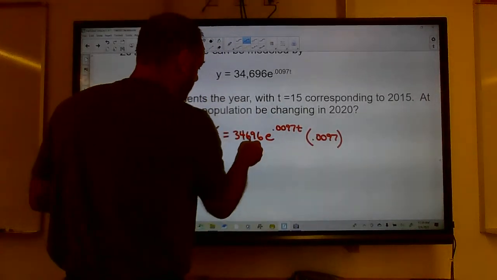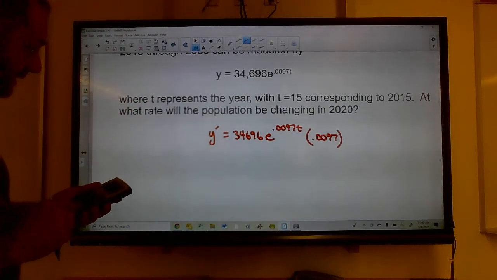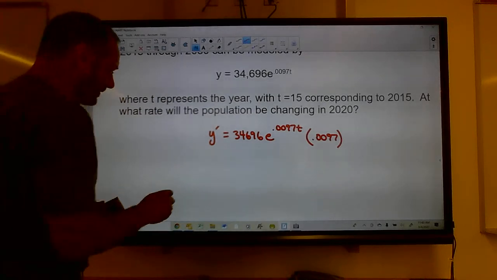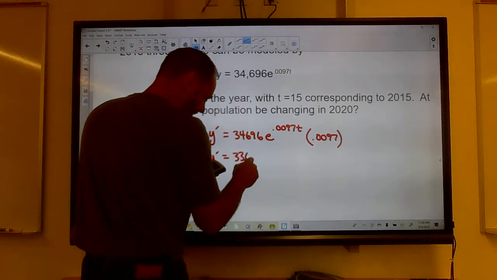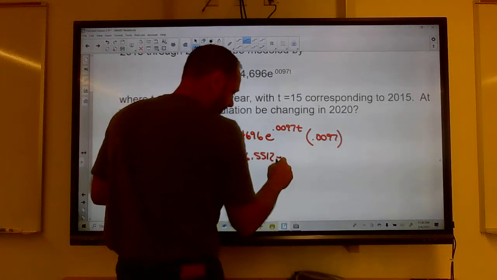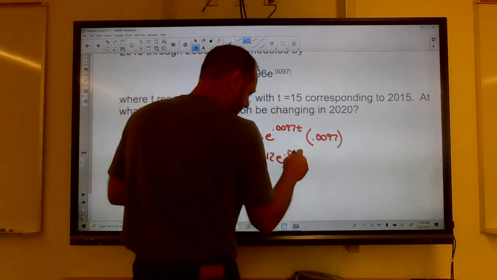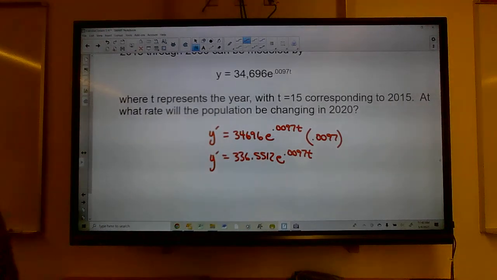Now I can multiply this by the 34,696. So y prime is going to be 336.5512 e to the 0.0097 t. Okay, so now I just have to plug in the 20.